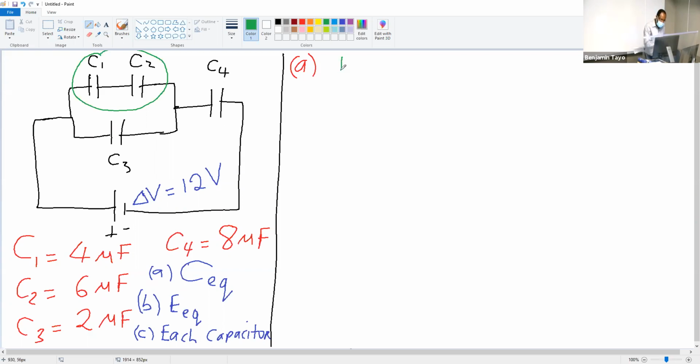What do we get? Let's say 1 over C series is equal to 1 over C1, which is 4, so 1 over 4, plus C2 is 6, so 1 over 6. Solving this equation, what do you get for C series? Let's plug it in the calculator. Twelve over 5. You should probably check it out.